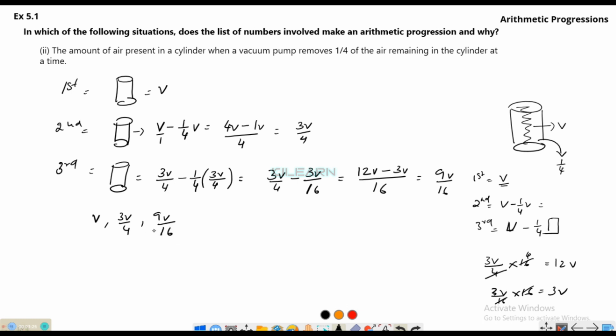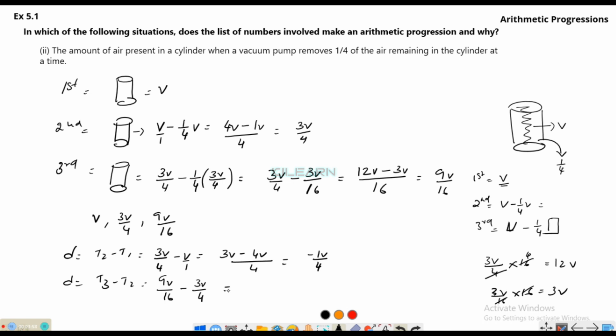Now it's easy to say that it's not an AP because the difference is not the same. The difference is T2 minus T1. T2 is 3V by 4 minus V, which is 3V by 4 minus 4V by 4, that is minus V by 4. This is the difference for the first two terms. If I do the difference for the third and second terms, I get 9V by 16 minus 3V by 4.